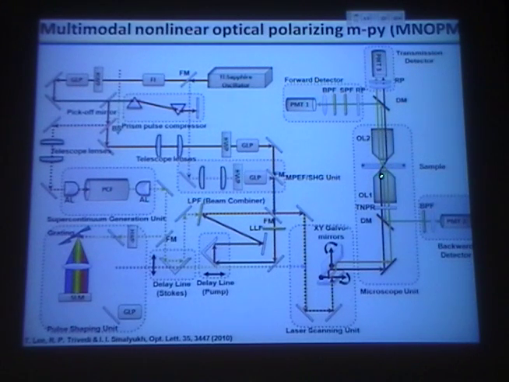As we do it, we then detect the CARS signals and SRS signals in both epi-detection and forward detection modes using photomultiplier tubes that you can see depicted in here.